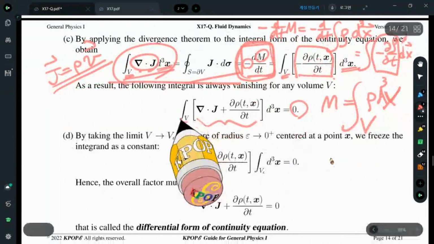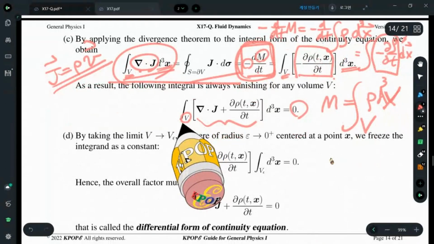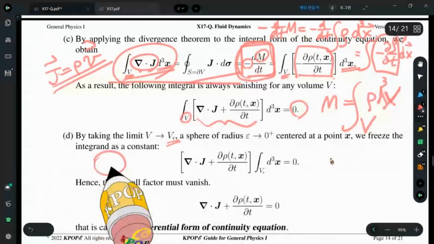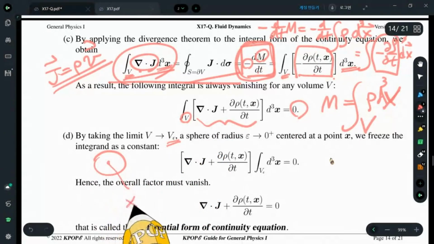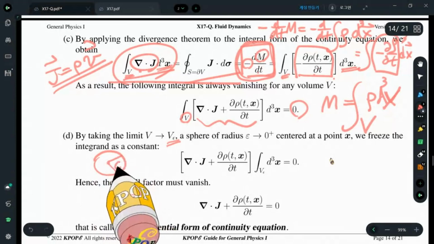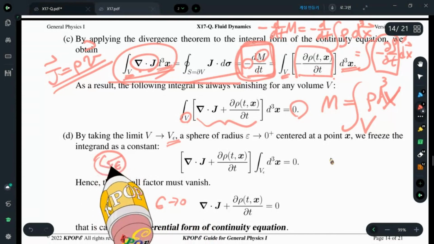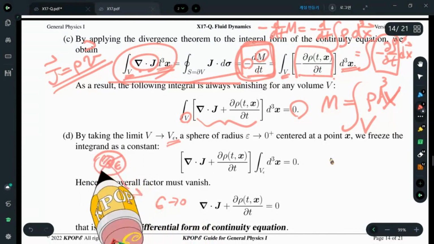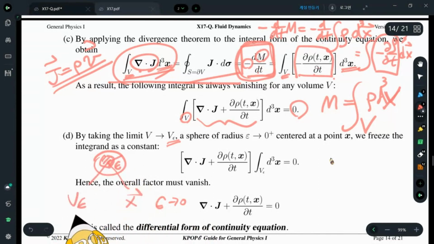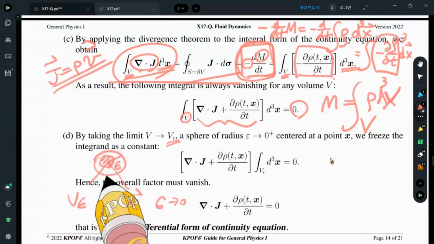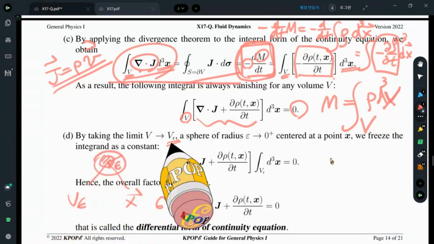Why don't we take this volume to be very tiny? For example, we have a point X and radius epsilon, and take epsilon very small. This volume V is always included inside this tiny sphere.